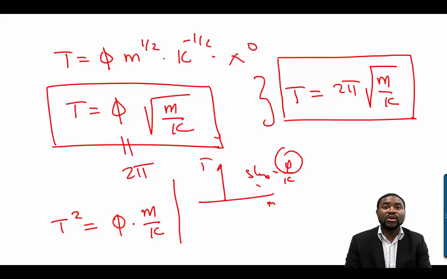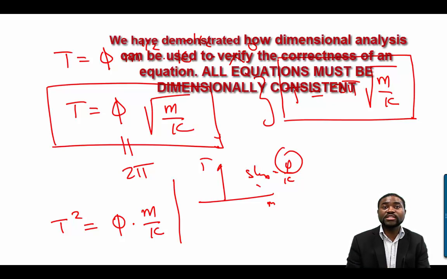Dimensional analysis can tell you how two things are related, but it will not be able to give you that particular constant. If I did derive this equation from first principles using an appropriate model, we would have just gotten the constant directly. But we can know the relationship using dimensional analysis, but it will not give you the value of the constant.